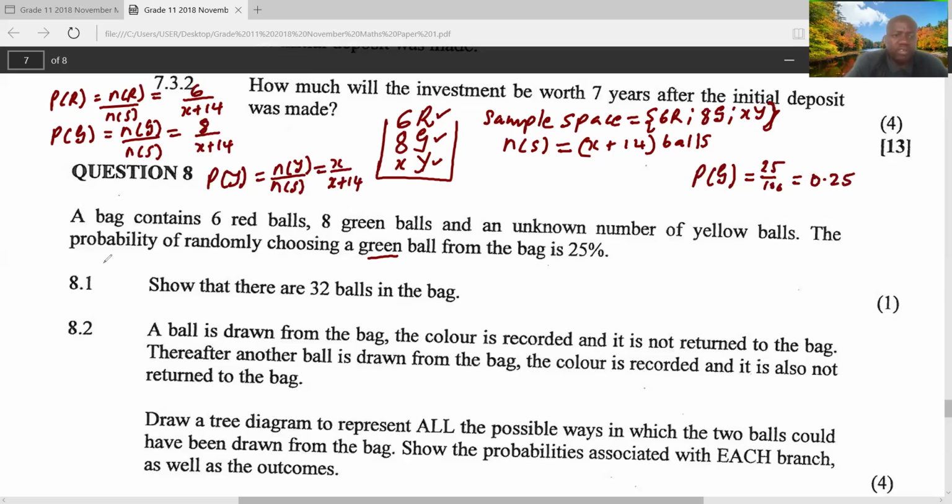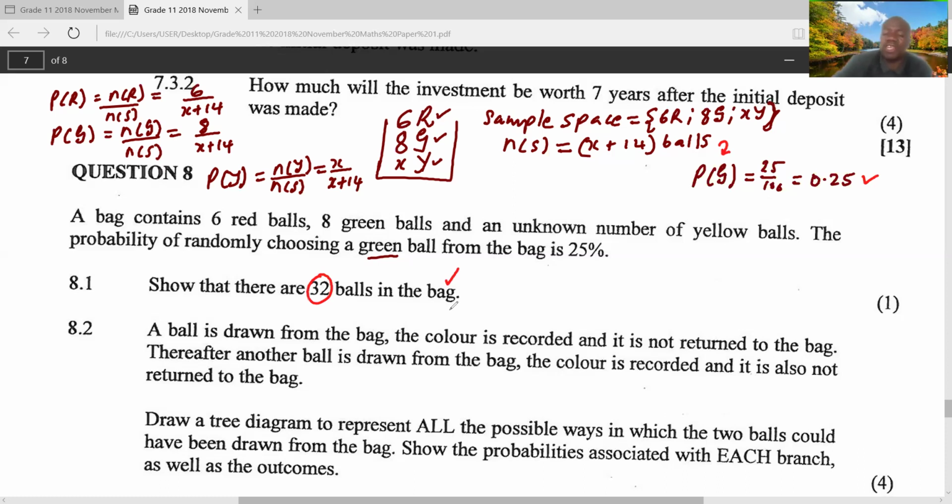So this is the information provided to us. They gave us that the probability of randomly selecting a green ball is 25%. And now we'll say, okay, fine. The question says, show that there are 32 balls in the bag. So we want to show that there are 32 balls in the bag.